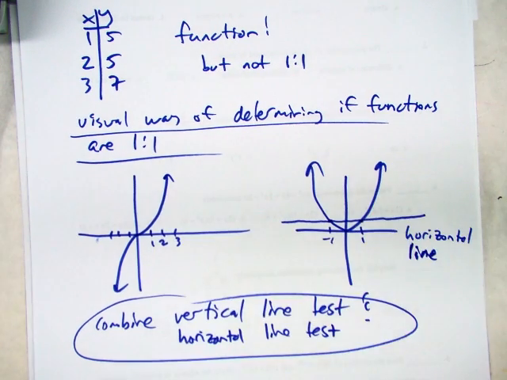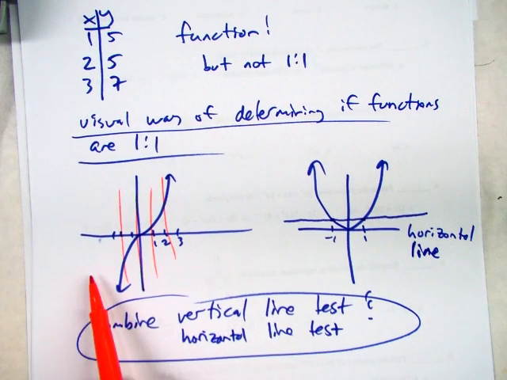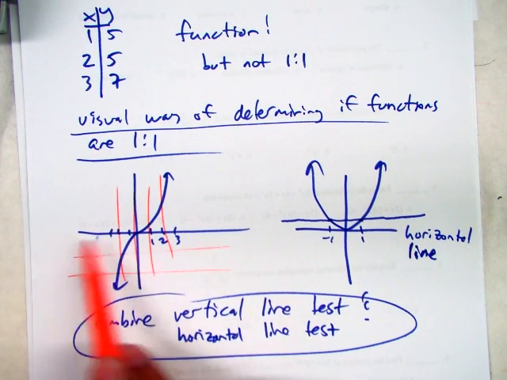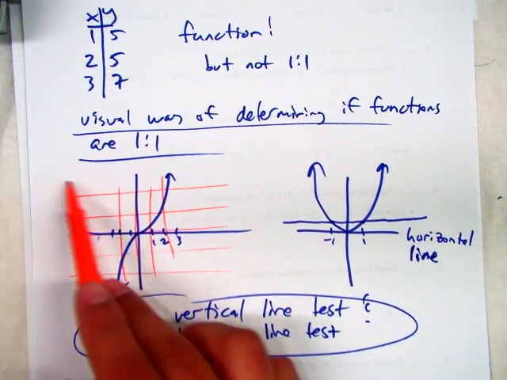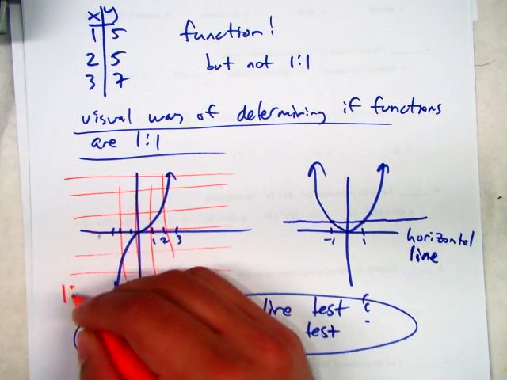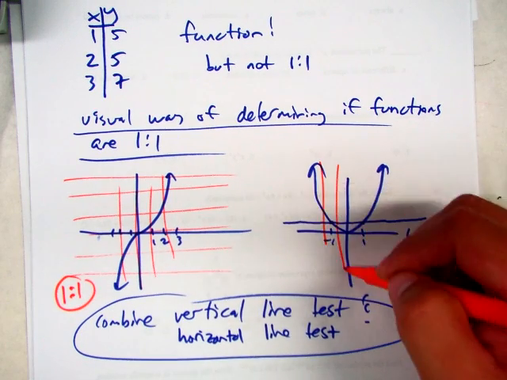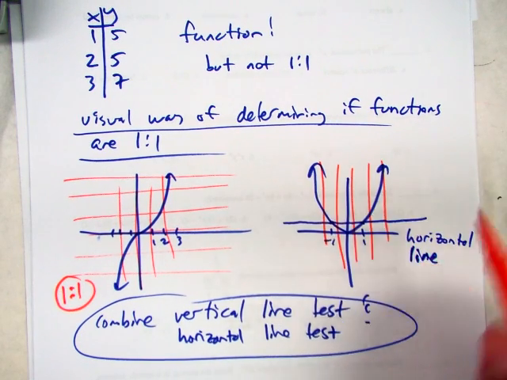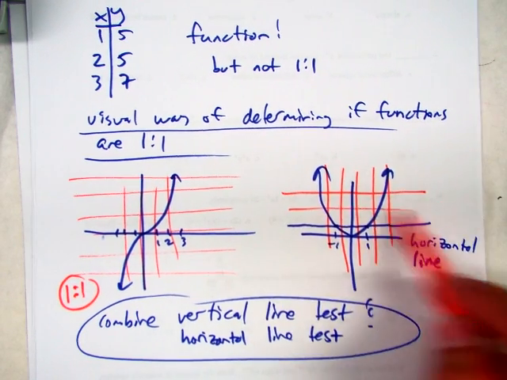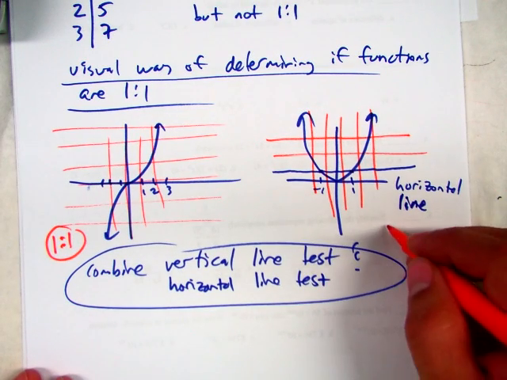Yes. This passes vertical line test, right? And does it also pass a horizontal line test, where it only crosses each place once? That's how we know that this is quickly one-to-one. This one, however, even though it passes vertical line test, which means it's a function, it does not pass the horizontal line test.